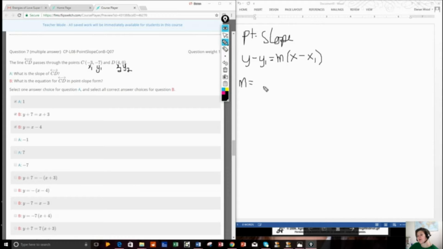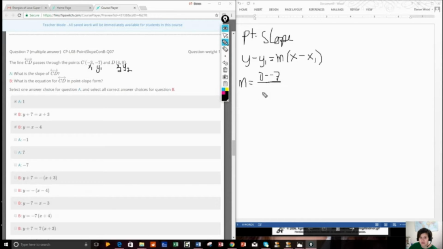Alright, and remember we had the rise, which is our vertical distance, and to find distance, we take the difference between 2 values along a number line. And we're just going to take the 2 values that are along the vertical number line, or our y-axis. So we're going to have y2 minus y1. So 0 minus negative 7.